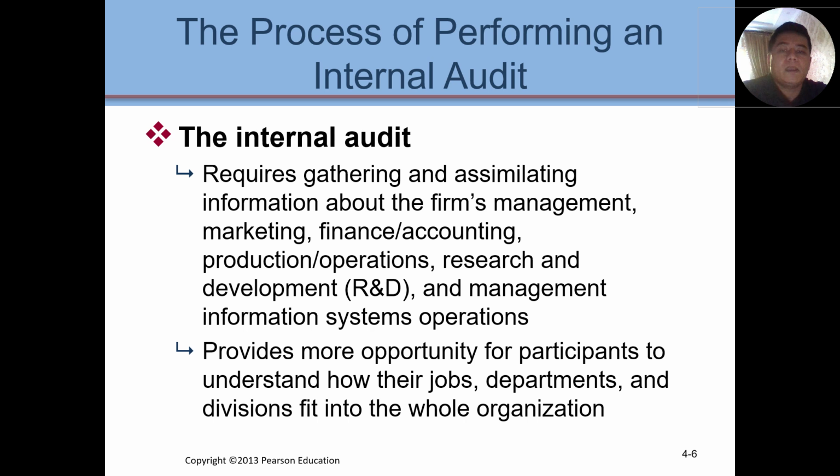The process of performing an internal audit requires gathering and assimilating information about the firm's management, marketing, finance, accounting, production operations, research and development, which is R&D, and management information system operations. An internal audit provides more opportunity for participants to understand how their jobs, departments, and divisions fit into the whole organization.